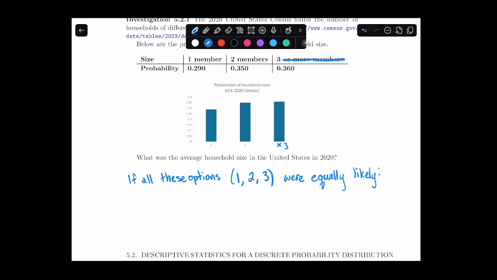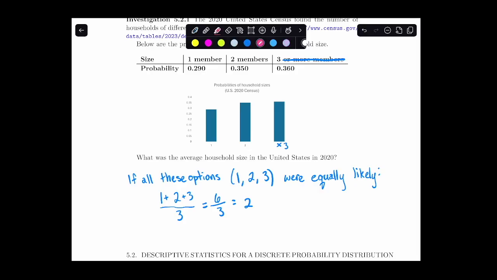If they were all equally likely, then it would just be taking the average of these 3 numbers. I would do 1 plus 2 plus 3 divided by the number that there are, which is 3. And this would be 6 over 3, which is 2. So if they were all equally likely and I just took the average of the numbers, I would get 2.